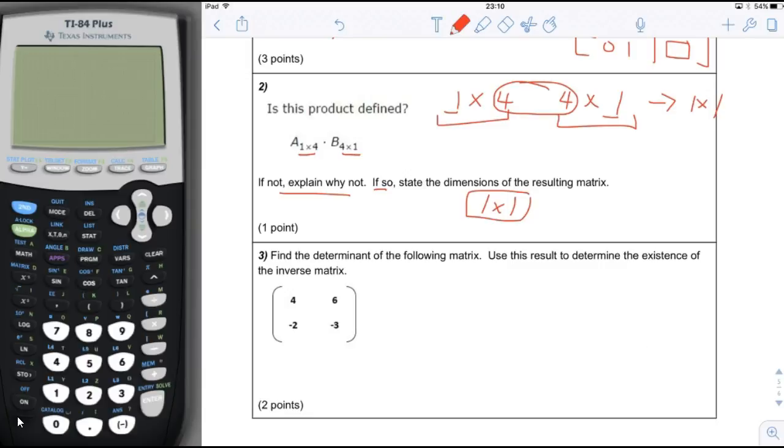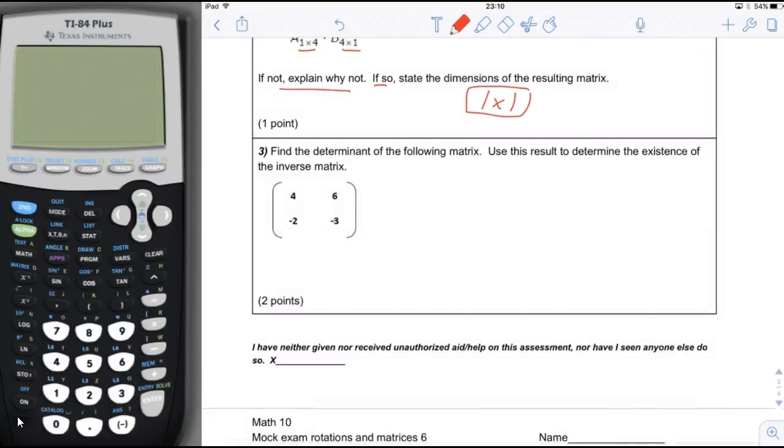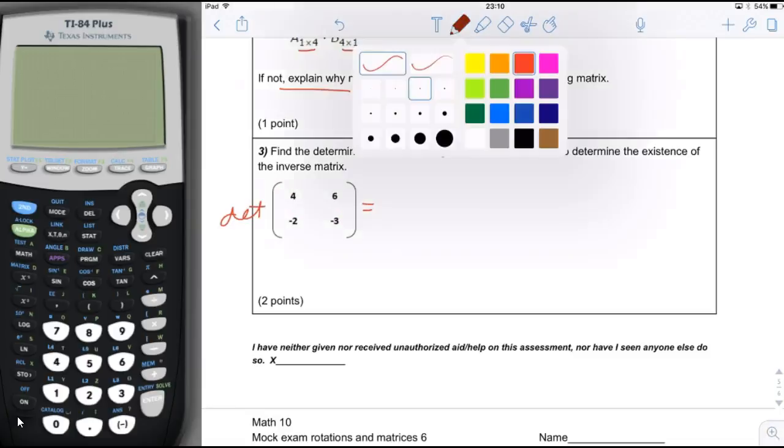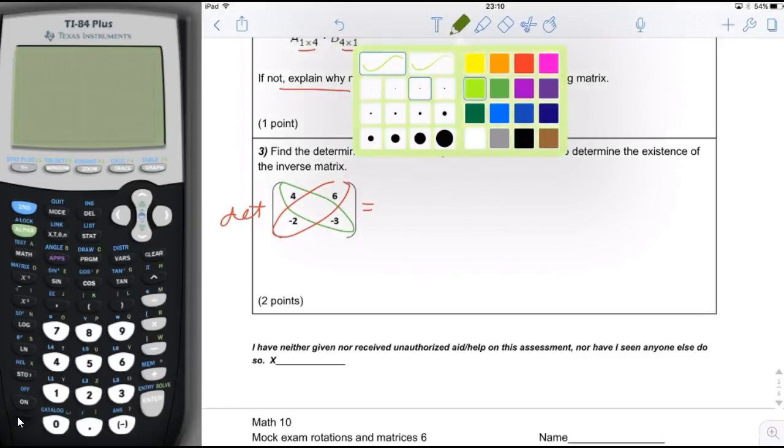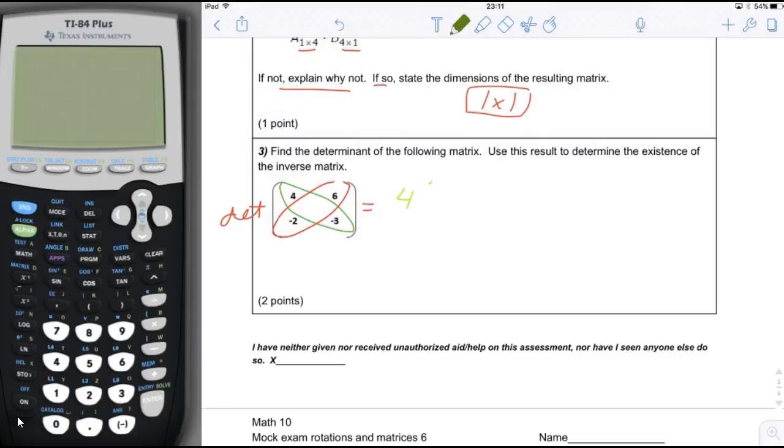Find the determinant of the following matrix. Use this result to determine the existence of the inverse matrix. For the determinant of this matrix, you take the green ones, 4 times negative 3, and multiply them together.